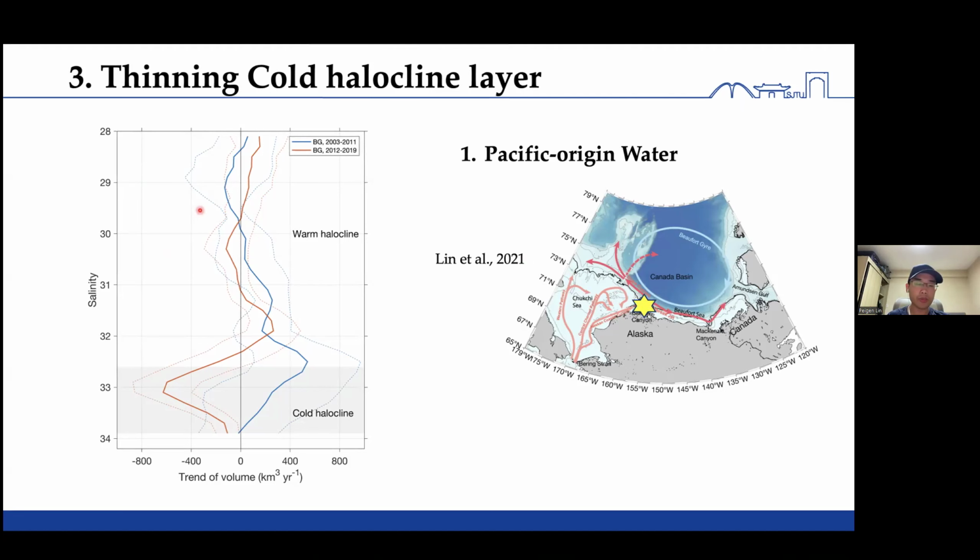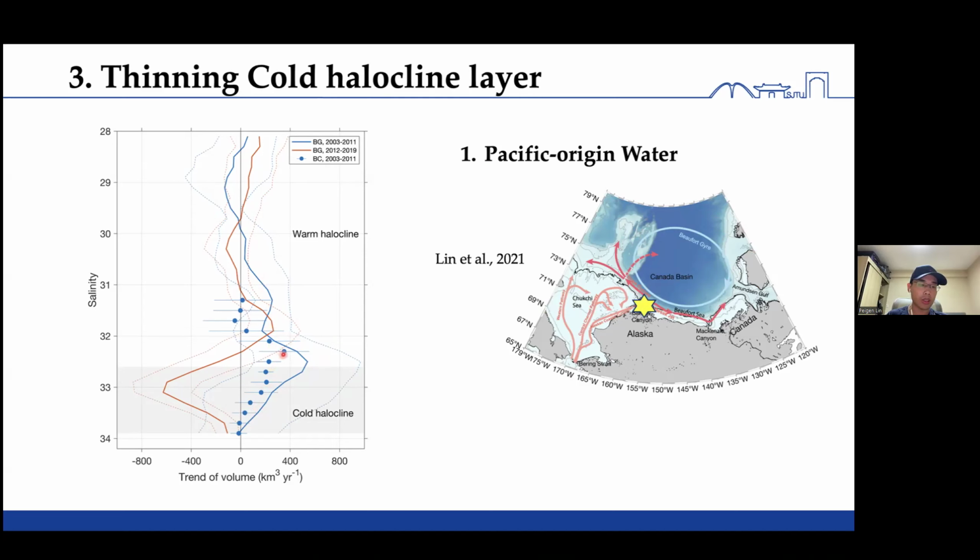And when we do that, this is the first period, and the dots right here show the result from the mooring data at the mouth of the Barrow Canyon. Okay, and then you will see that the trend is quite similar to the trend found within the Canada Basin, right?